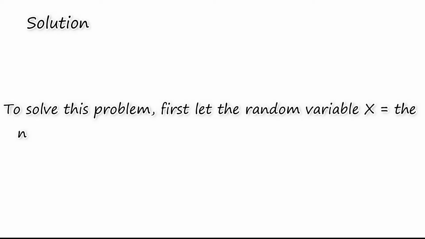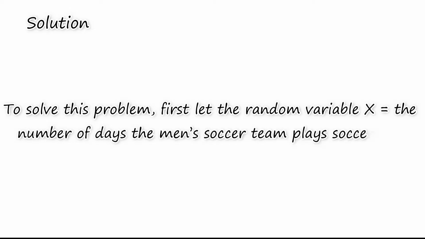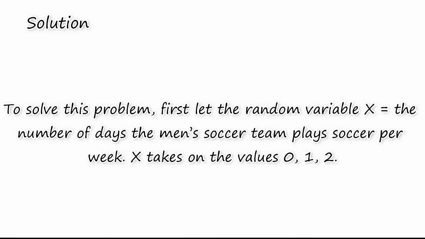Solution. To do the problem, first let the random variable X equal the number of days the men's soccer team plays soccer per week. X takes on the values 0, 1, 2.